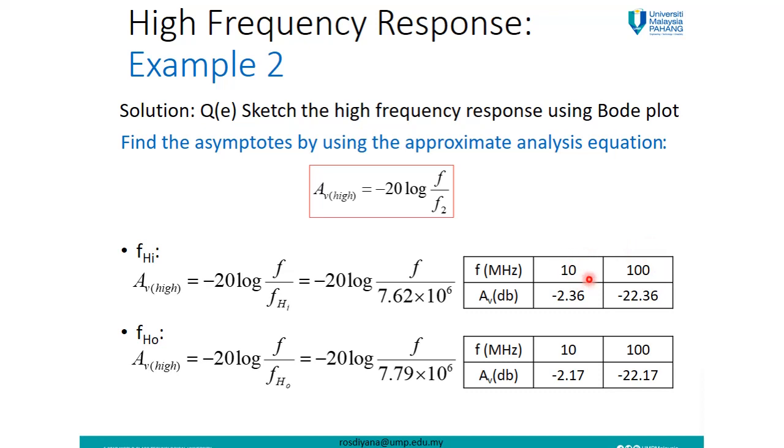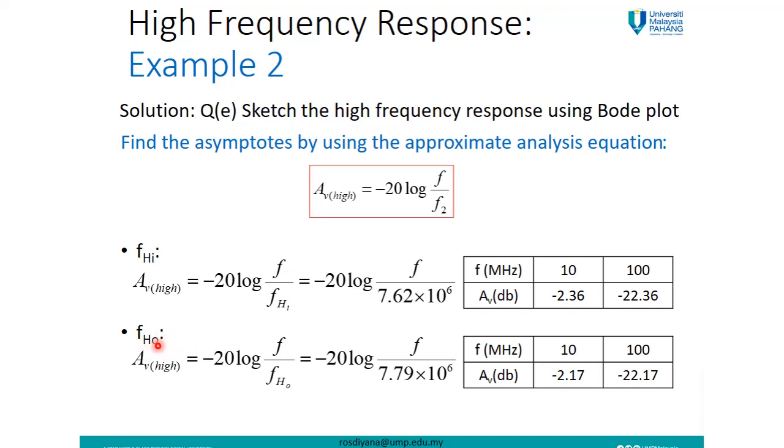Just the numbers 10, 100, 1000 and so on. So just leave this part as megahertz. So here you can take 10 divided by 7.62 megahertz, and when you calculate this, you get the Av is negative 2.36.